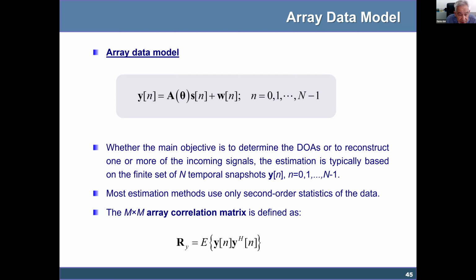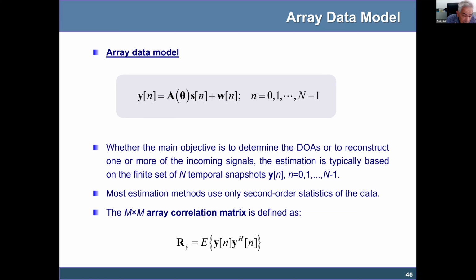So if W is Gaussian and S is either Gaussian or deterministic, the vector Y is Gaussian. So its probability density function is completely determined by the array correlation matrix or array covariance matrix, because if the process is zero mean, correlation or covariance is the same.